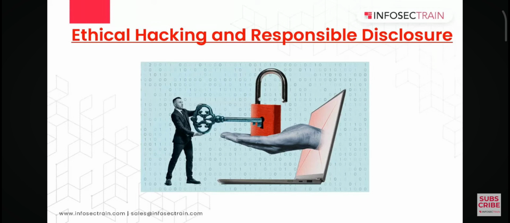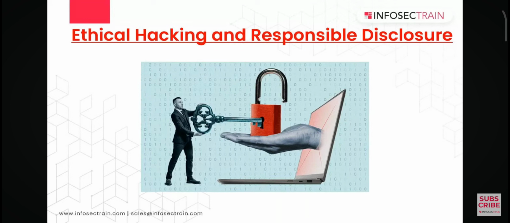So that is what our responsible disclosure is, in which we identify the vulnerabilities and then report to that particular affected organization in a responsible and ethical manner. For that, we follow some guidelines which ensure that the vulnerability is disclosed in a way that does not cause any harm to the organization or its users.